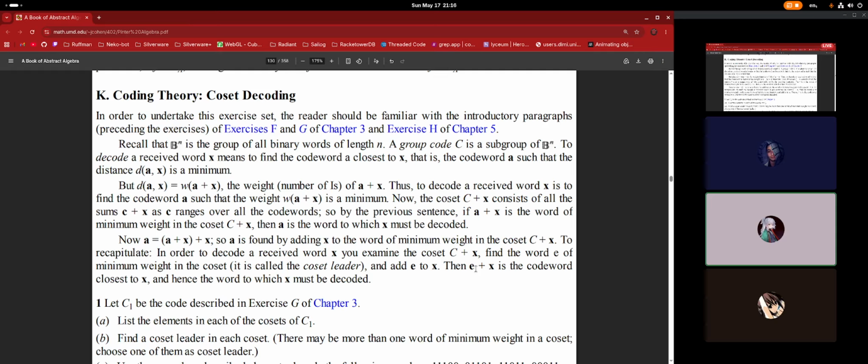So you just add identity to it, and you get the same thing, and you're done. Yeah, that is a very interesting way to look at it. In some sense, the cosets are classifying how much error there was in transmission. Yeah, I agree with that.